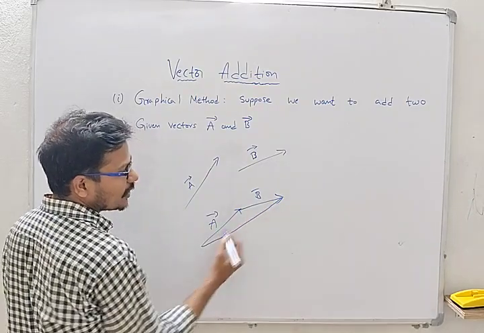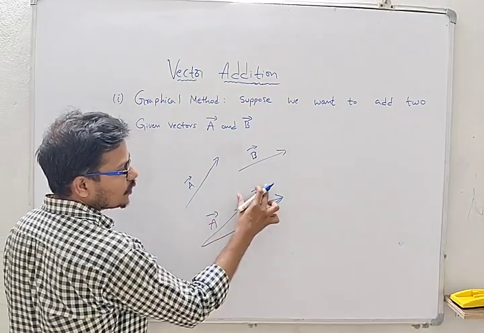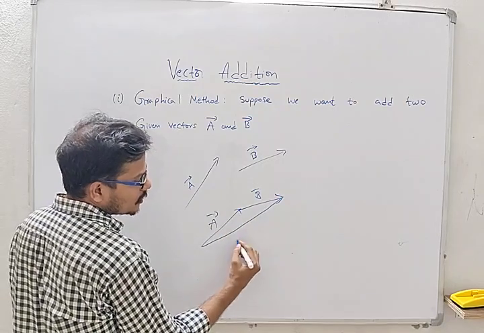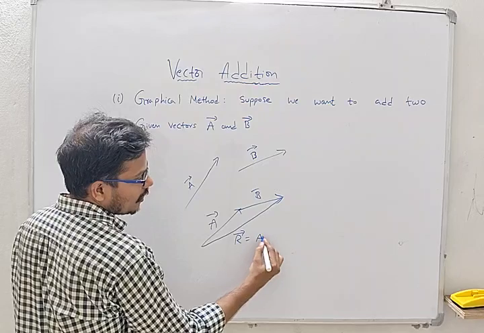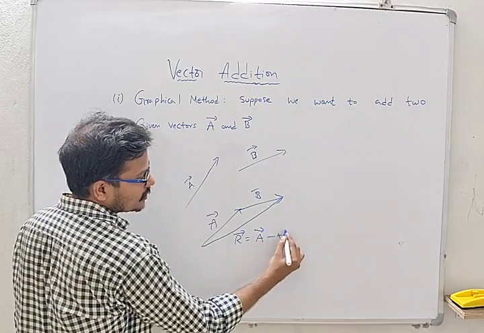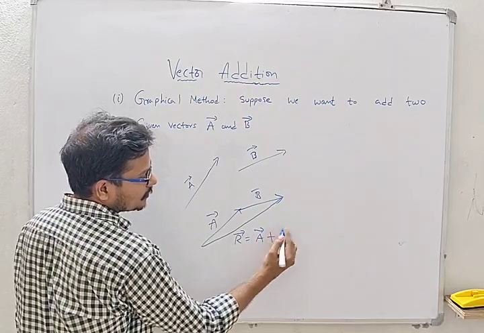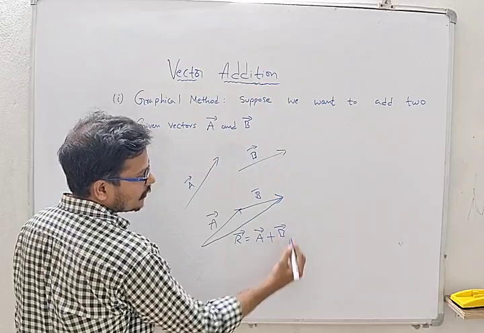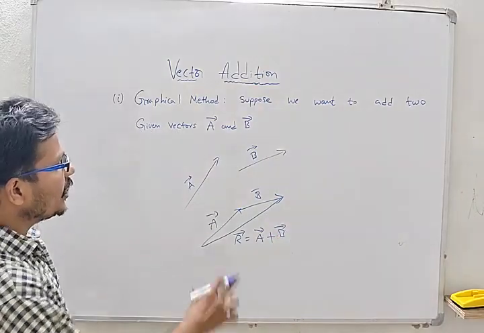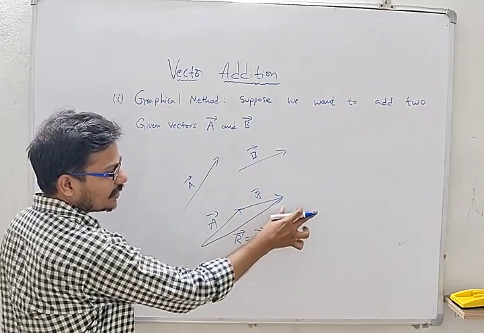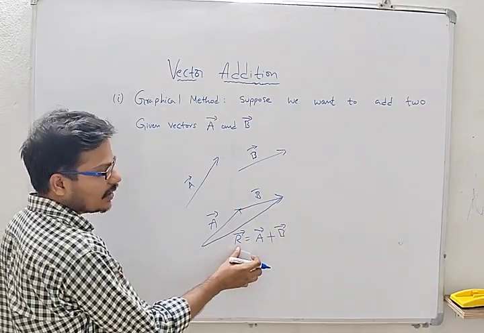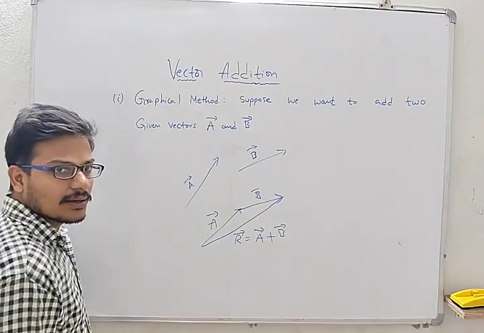When we add these two vectors, we will get the resultant. So this is the resultant vector, A plus B.